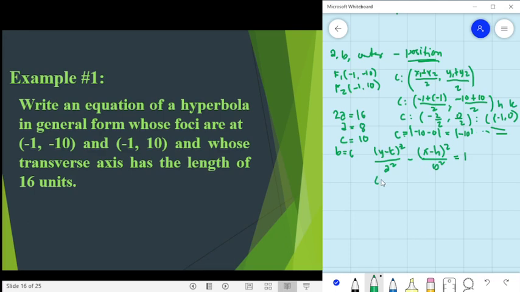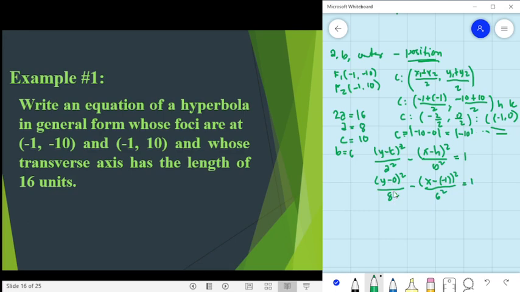So it would be y minus 0 squared over your a is 8, minus quantity x minus your h there is negative 1 over your b is 6. So this is 6 squared equals 1.